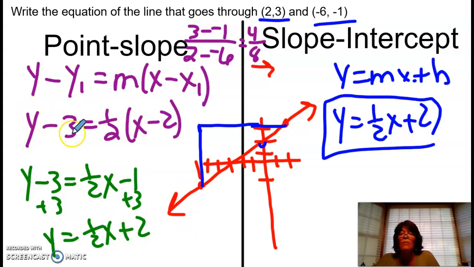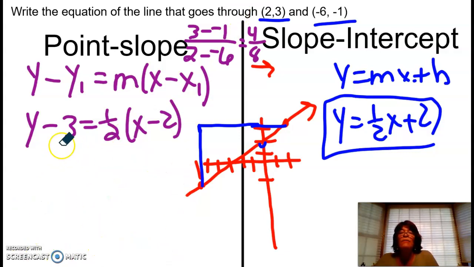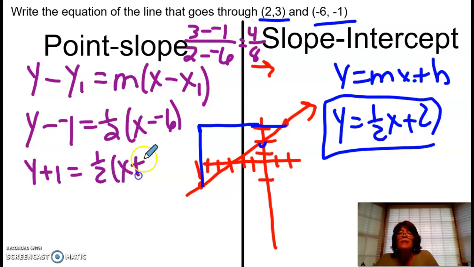y minus the y coordinate equals slope times x minus the x coordinate. Okay? Some of you might be like, well, what if I would have picked (-6, -1)? Well, then you would have gone y minus the y coordinate equals 1/2, the slope, times x minus the x coordinate. So you'd have y plus 1 equals 1/2 x plus 6.